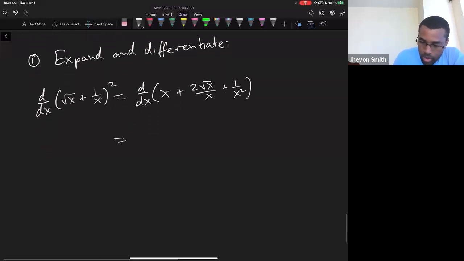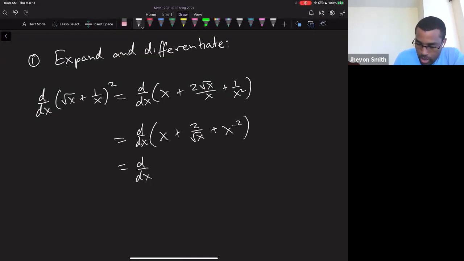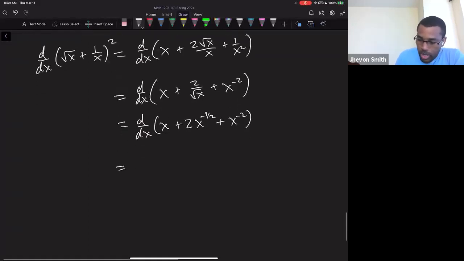Now it turns out, how you would do this is the following. I'm going to tell you the rules for this right now, but at this point, we actually don't know them. So here, we know the derivative of that.